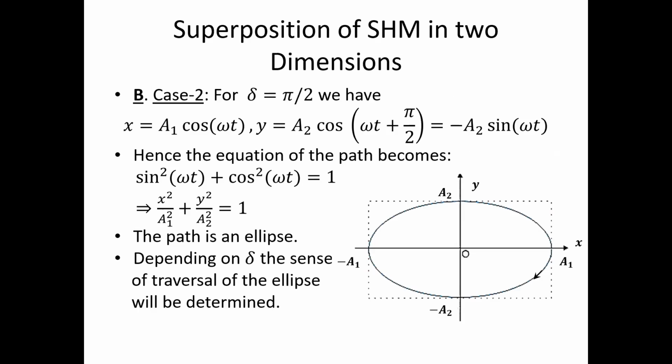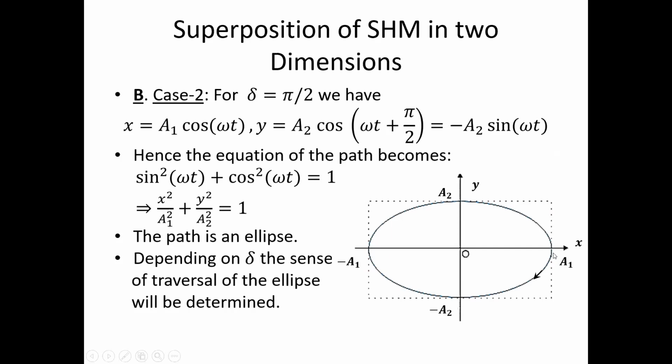You can also see this as x is positive and time t increases, then x is actually decreasing, because cos has a maximum when the argument is 0. So at time t equal to 0, the position of the particle is at x equal to a1 and y equal to 0, which is this point.